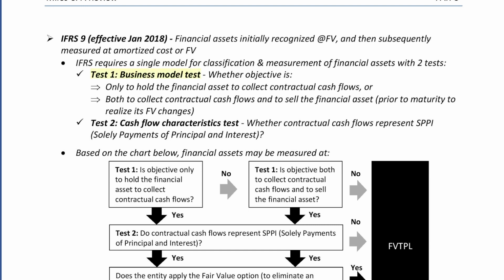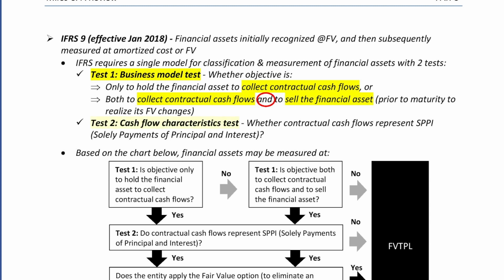Test number 1 is the business model test: whether the objective of the entity is only to hold the financial asset to collect contractual cash flows, or is it to both collect contractual cash flows and sell the financial asset, and that's prior to maturity to realize any fair value changes.